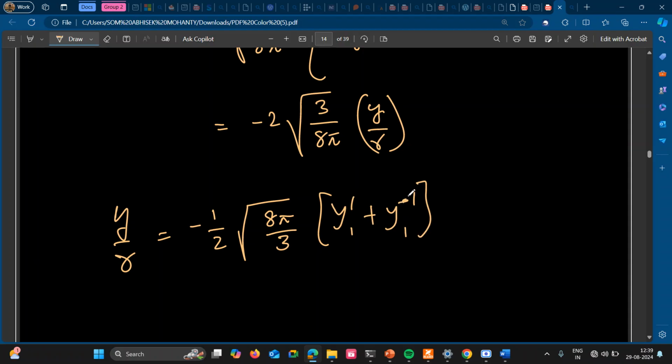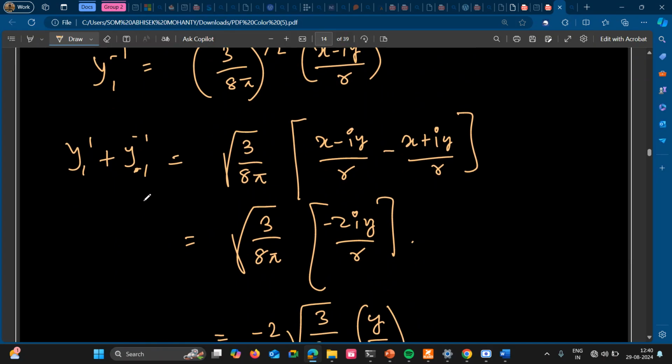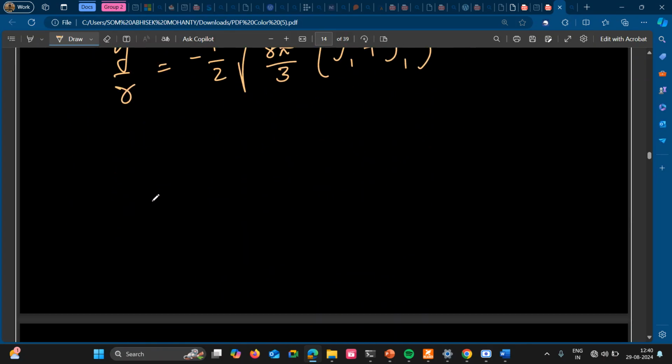So now the thing is, we got y by r, we got z by r. We can also get x by r, correct? If I add them, I got y by r. So if I subtract them, I will get x by r.